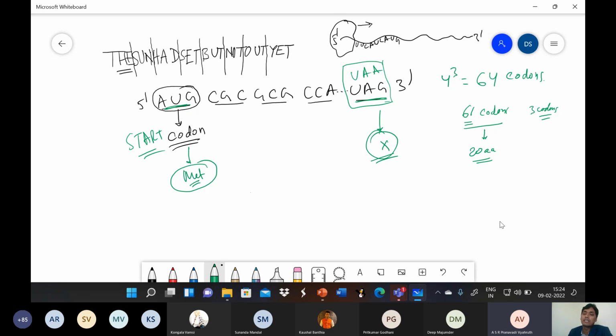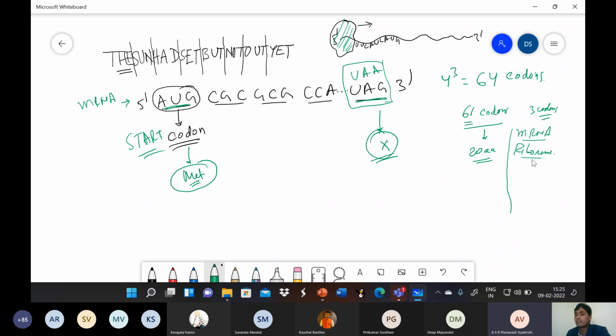For translation, you need to know about 4 important things. One is the template, that is mRNA, a long mRNA. Then the machine that translates, that is the ribosome. The ribosome is a big complex made up of different proteins and ribosomal RNA, all together forming this complex.